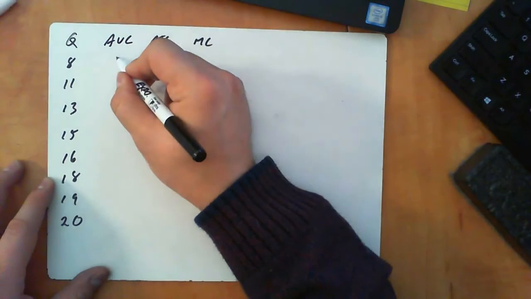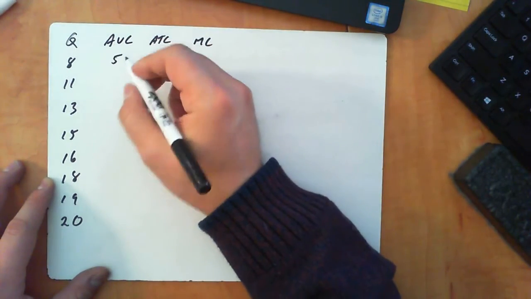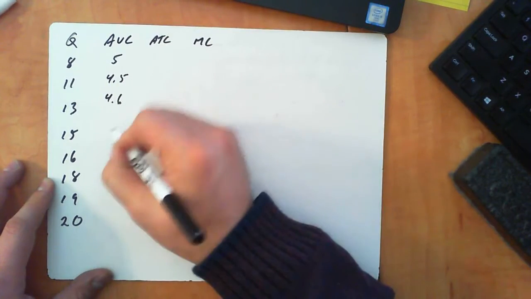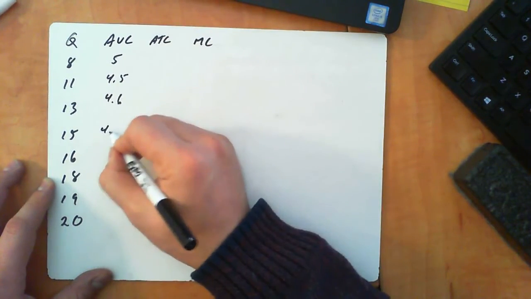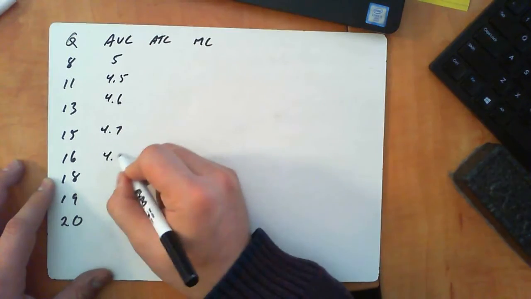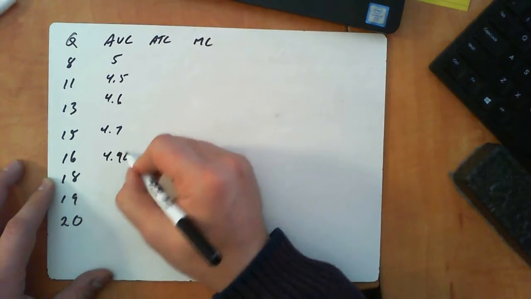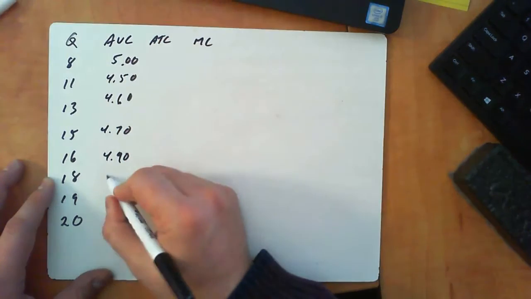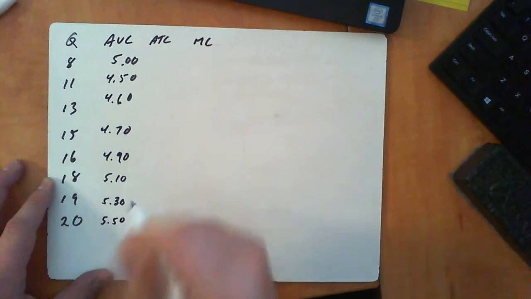The average variable cost is $5, $4.50, $4.60, $4.70, $4.90, $5.10, $5.30, and then $5.50.